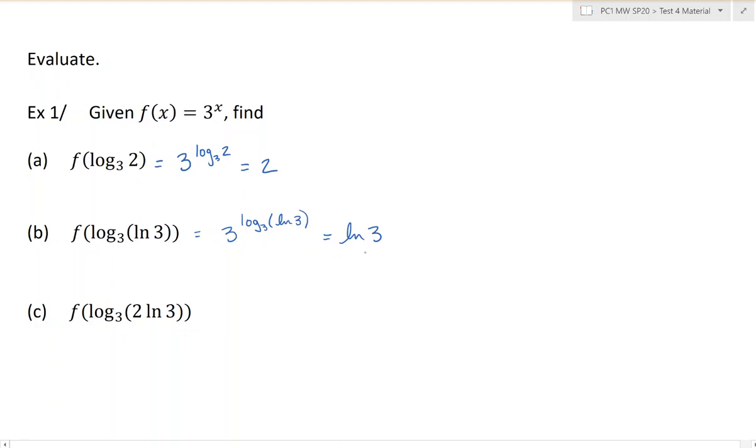So I get the natural log of 3. That's an exact answer. And again, if we did this, we'd have 3 to the log base 3 of natural log of 3. Bases are the same again, so the answer is the argument of your logarithmic exponent.